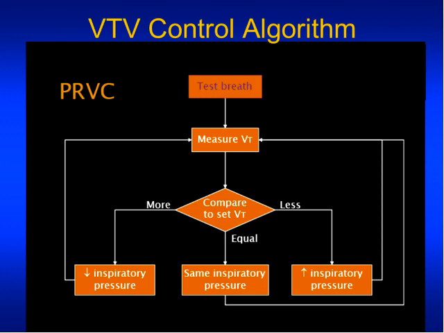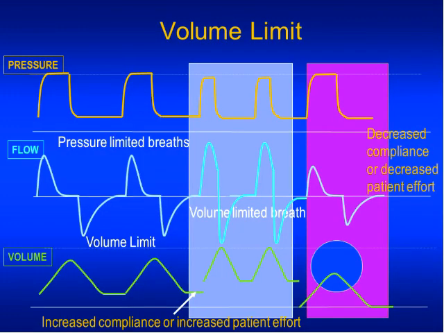So that's a fairly simple concept. That's a similar algorithm for PRVC, pressure-regulated volume control, on the servo ventilators as on the volume guarantee ventilator on the Draeger devices. The difference is that PRVC uses the tidal volume back at the machine and therefore uses numbers that are not reflecting what the baby's actually receiving.